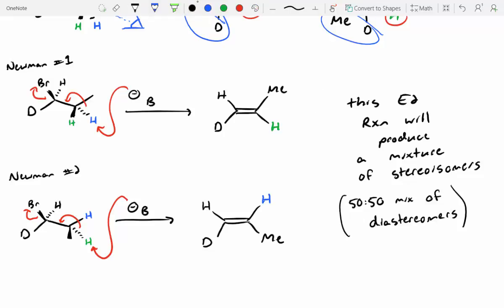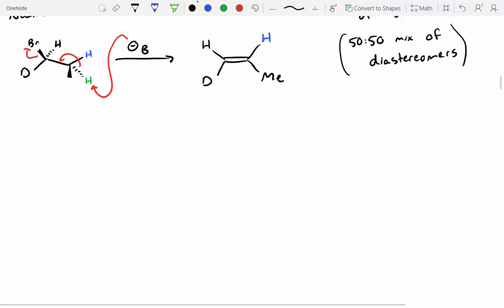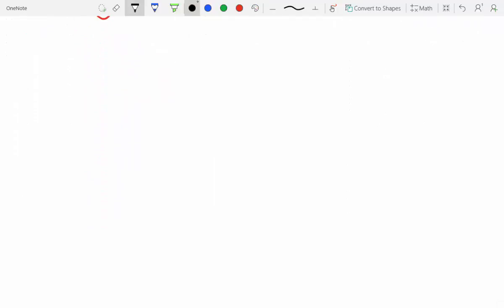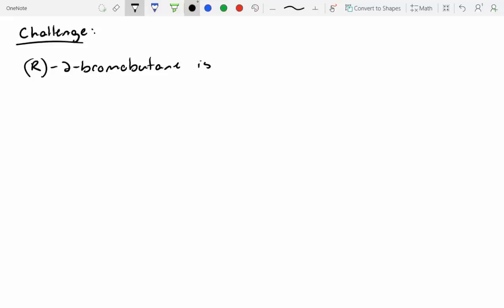All right. Now I'm going to give you guys more of a challenge problem. And I want you guys to work as a team to solve this. All right, for this challenge problem, it says (R)-2-bromobutane is treated with a strong base.